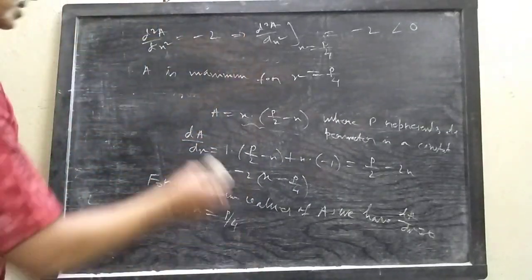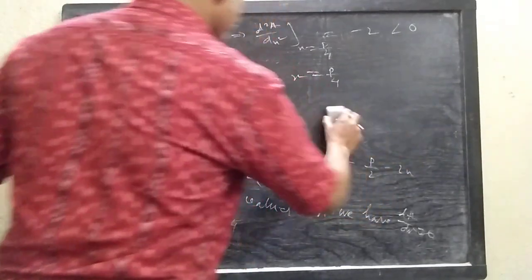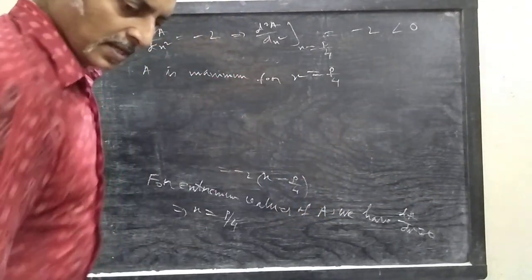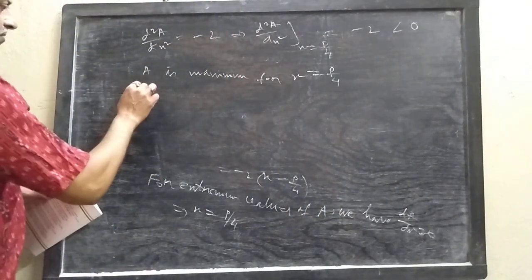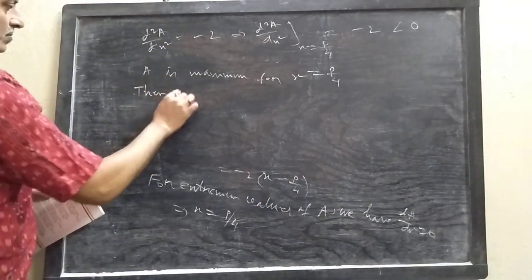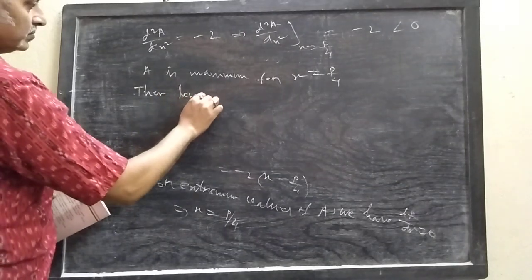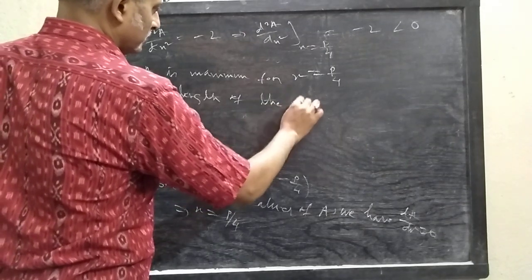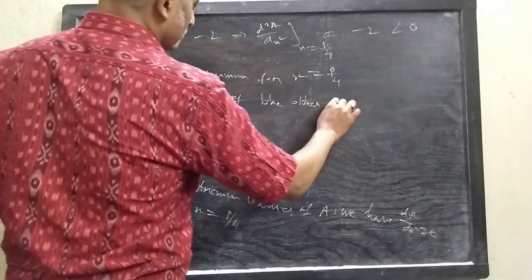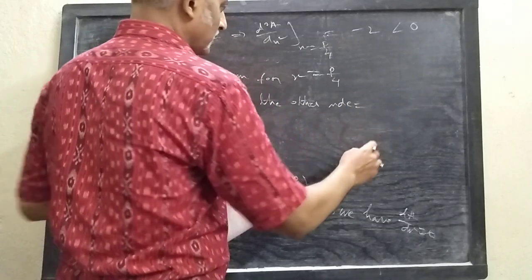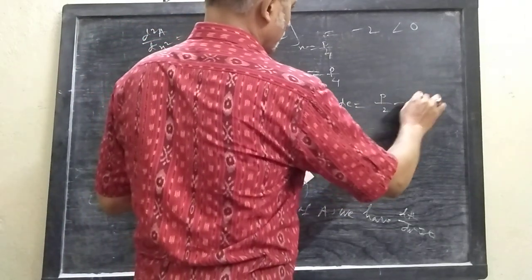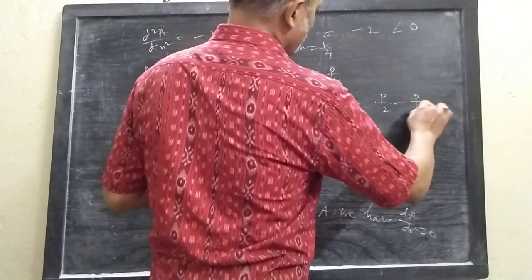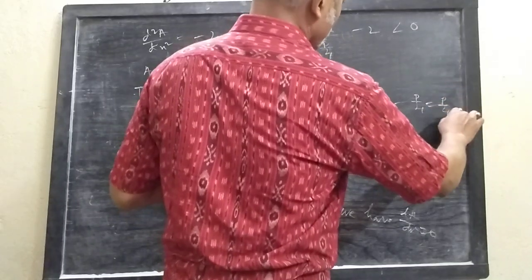Now when x equals P by 4, the length of the other side will be P by 2 minus x, that is P by 2 minus P by 4, that is P by 4.